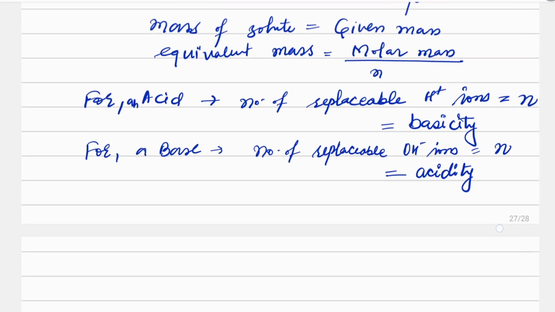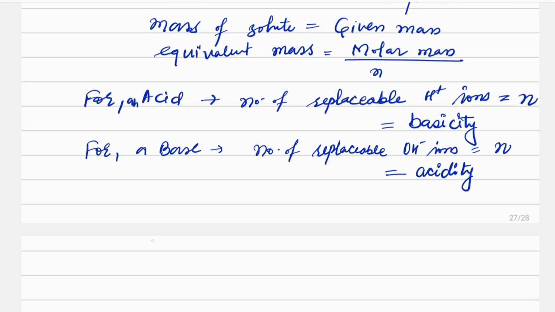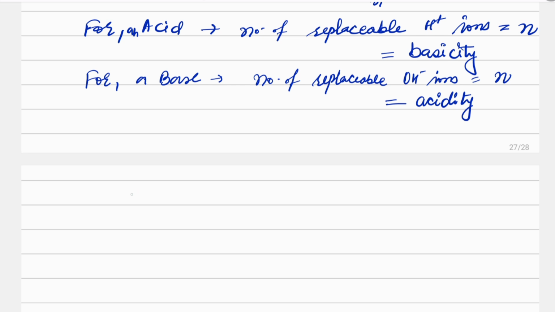All right. So suppose you have been given any acid. Let's take oxalic acid, and it is going to be H2C2O4·2H2O.